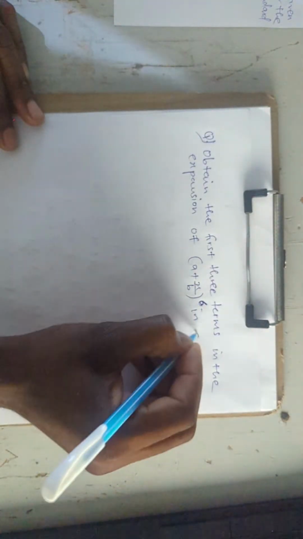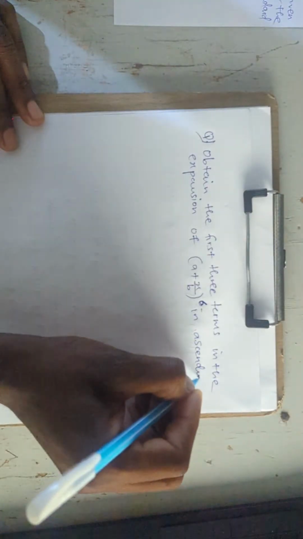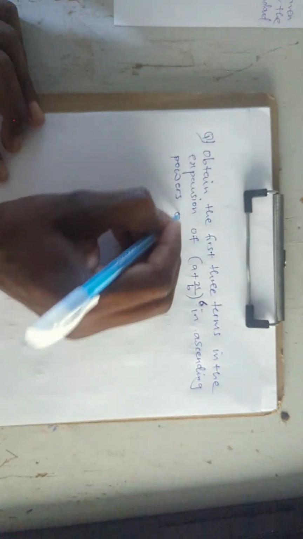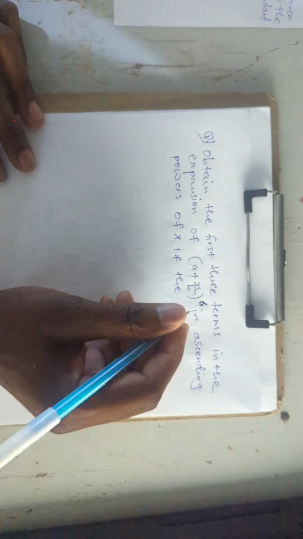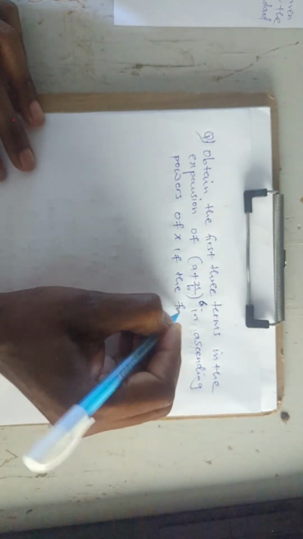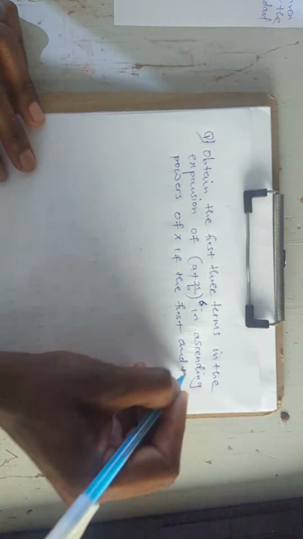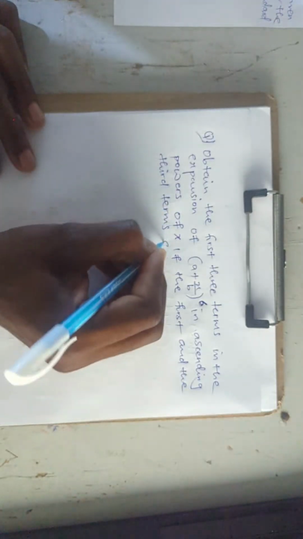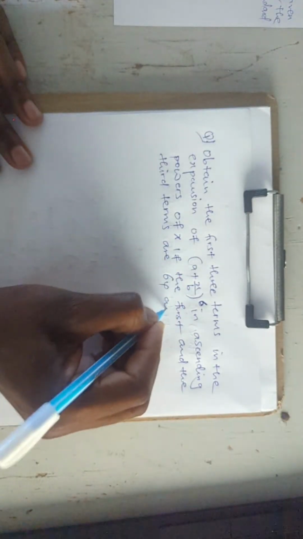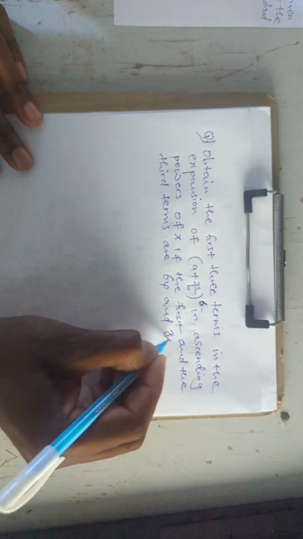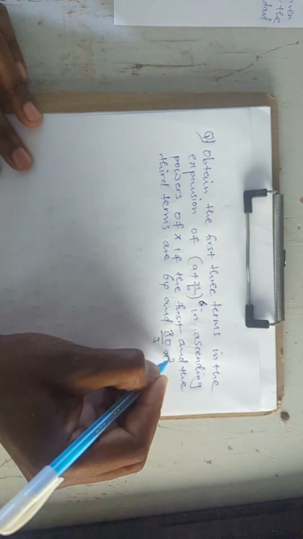Then ascending powers, in ascending powers of x, if the first and the third term are 64 and 80 over 3 x power 3 respectively.